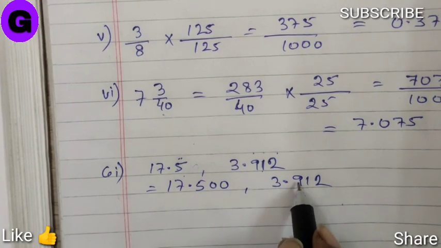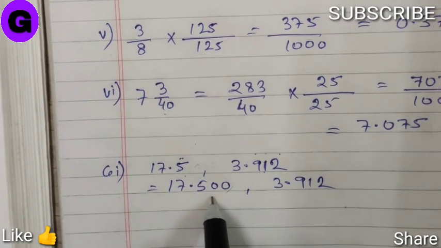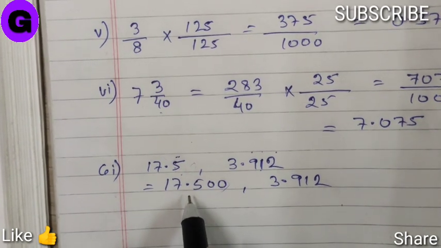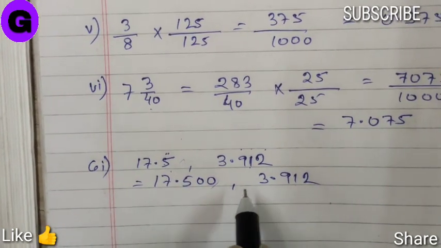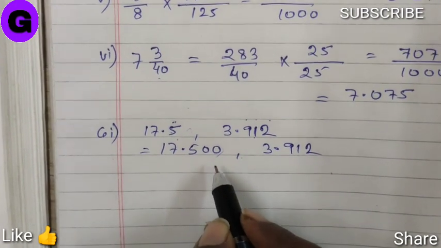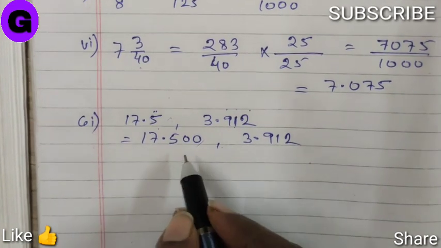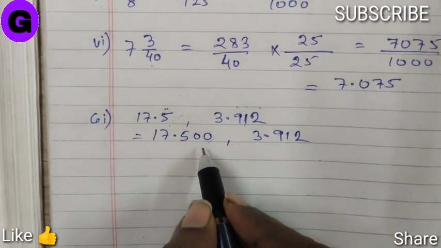That means after decimal, here we have 3 places. Similarly, after decimal, here we have 3 places. So now these two become like decimal. So just remember, in order to change unlike decimal number to like decimal number, we simply add the number of zeros.